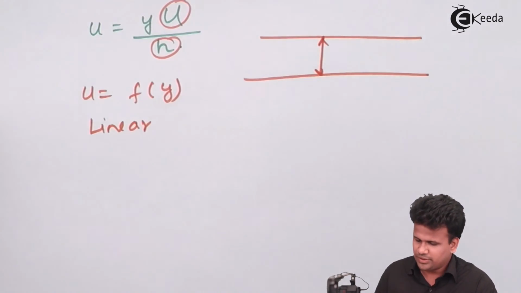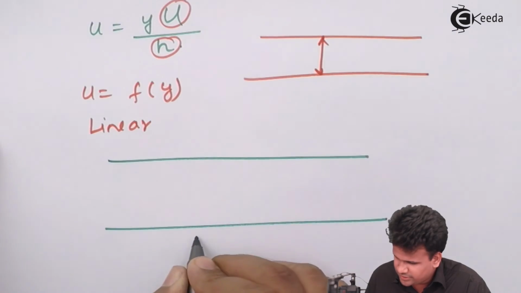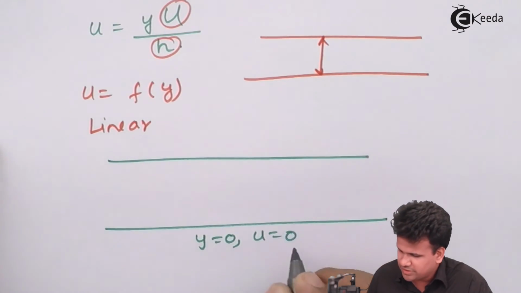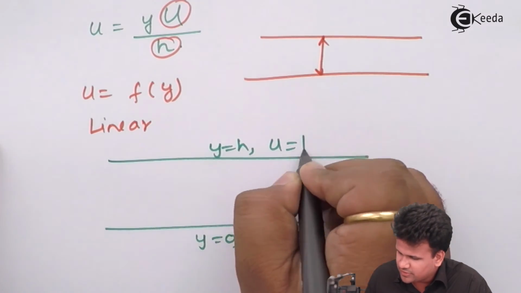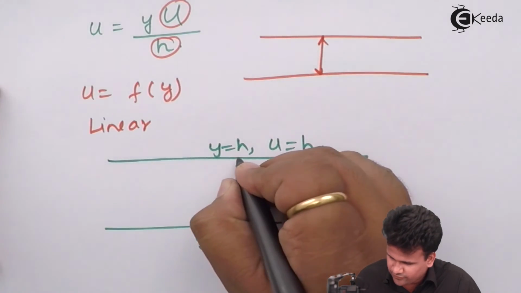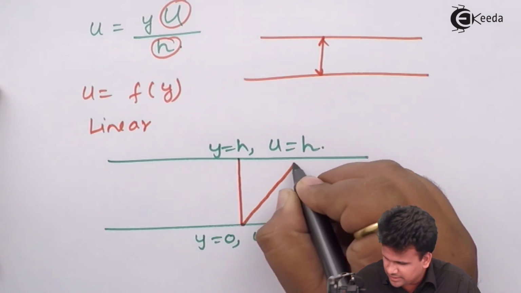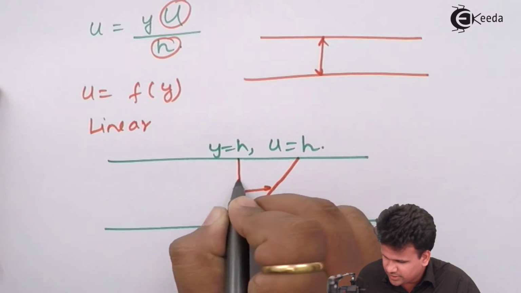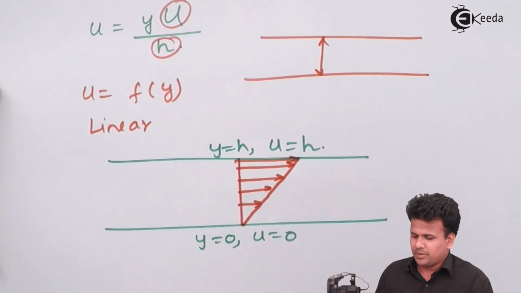So how is this going to change in the fluid flow? Over here y equals 0 at the bottommost surface, u equals 0, and y equals h, u will be equal to capital U. For a simple Couette flow, the relation is linear, and the velocity is linearly increasing.